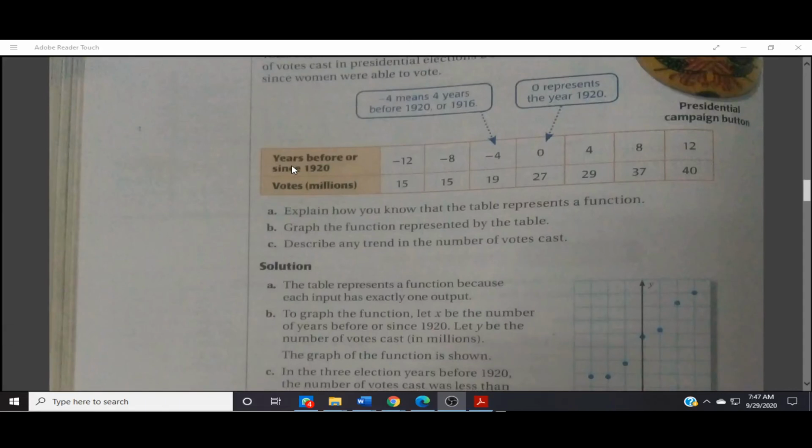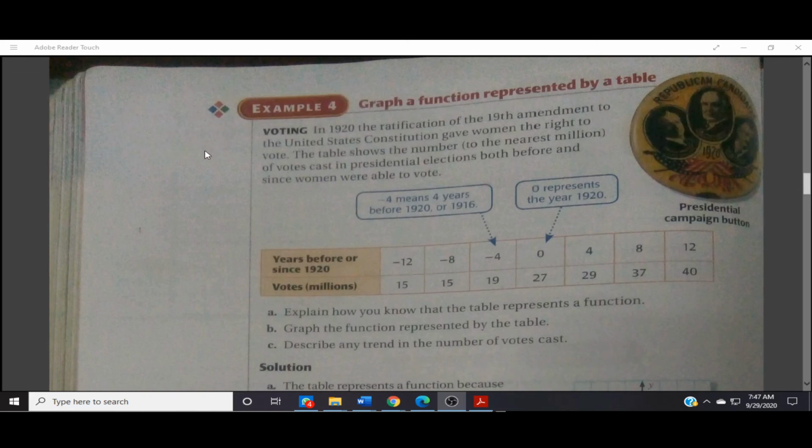So they show us something in 1920, and 1920 is x equals 0, okay? So x equals 0 at 1920, and so this is 1924, this is 1916.